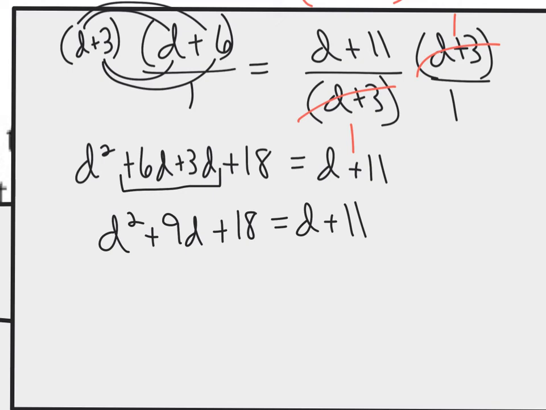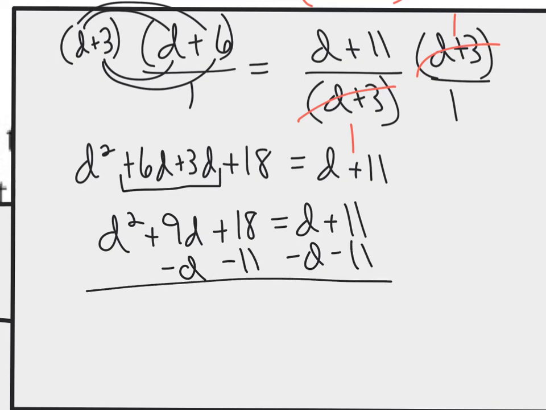So at this point, we're going to try to set this equal to 0. Notice on the left side, we already have a positive d squared term, so I'm going to leave that where it's at. I'm going to get everything else over on the same side. So we can subtract d and subtract 11 on both sides.